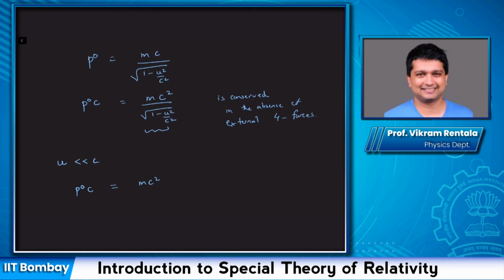However, we could do better by going to next order in u. We would use the binomial expansion of this denominator, and we can write this as 1 plus half u squared by c squared, and at next order, we would have things like plus minus half times minus 3 by 2, u to the 4 over c to the 4 by 2 factorial, and so on.